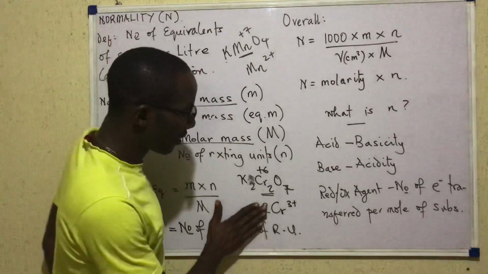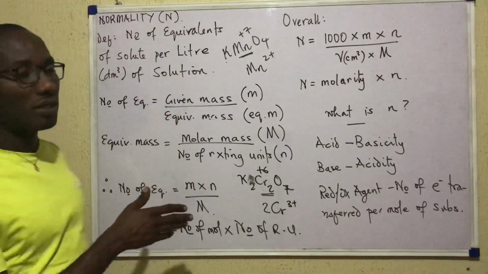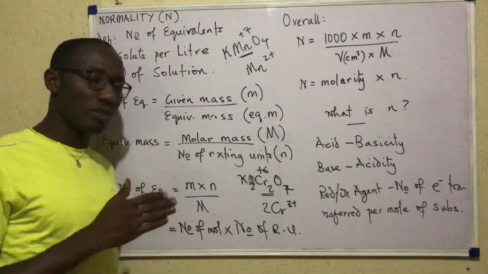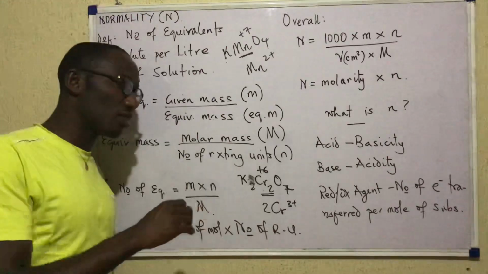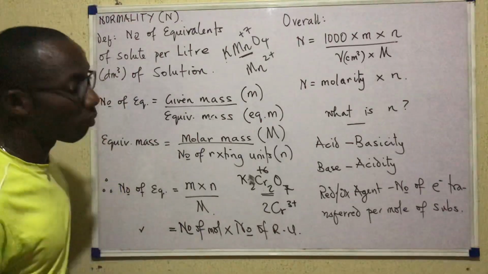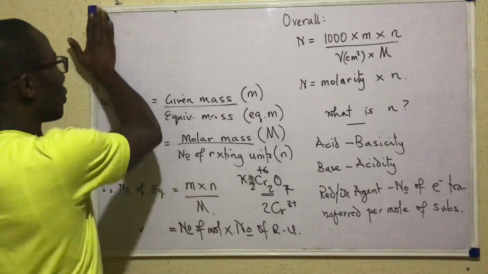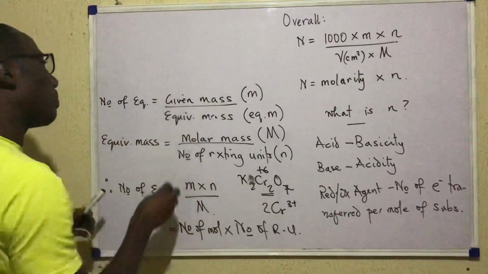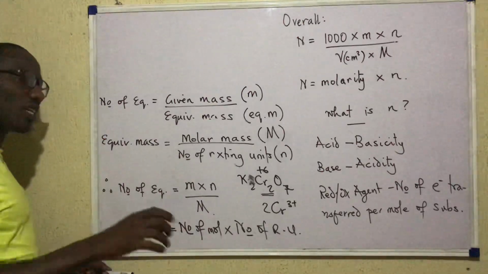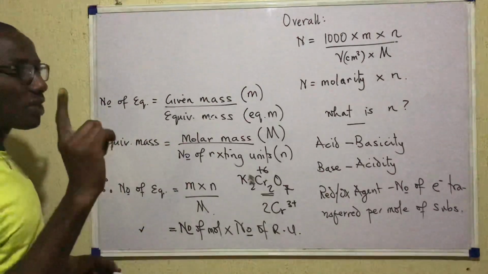So having said that, for oxidizing agents and reducing agents, it is the number of electrons transferred. For acids, it is their basicity, and for bases, it is their acidity. Let's see one question on normality, or better still, let's sneak up on that question by picking a substance.